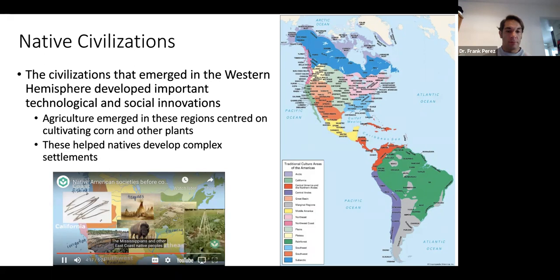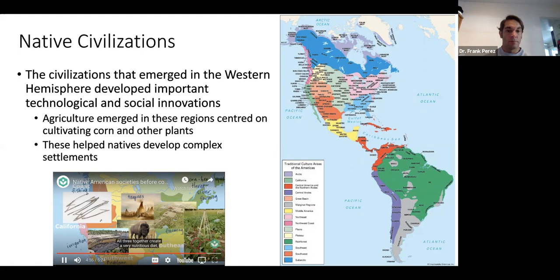The Mississippians and other East Coast Native peoples relied a lot on what's known as three-sister farming, in which people would plant corn, beans, and squash together, which was mutually beneficial to all three plants, as the corn served as a trellis for the beans, and the squash protected the root system of the corn.